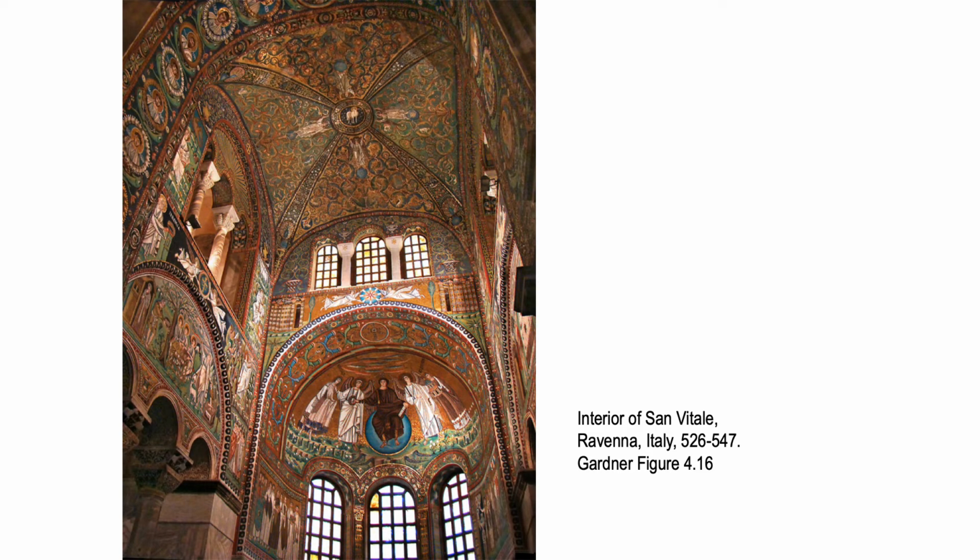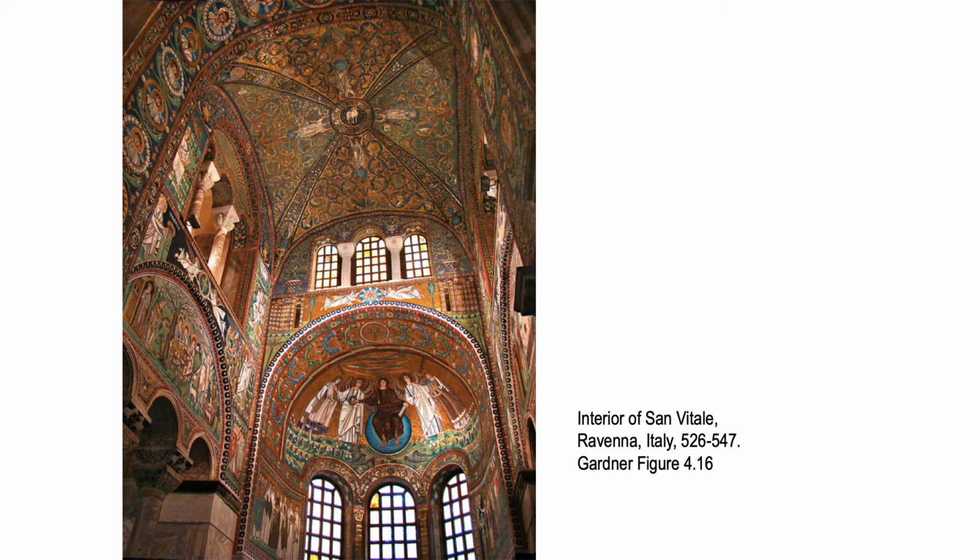Here's an interior of the Church of San Vitale. You can see how the ceilings are done in such great detail. Lots of heavy patterning that you can see here. You see all of the work that is done here are done in mosaics.